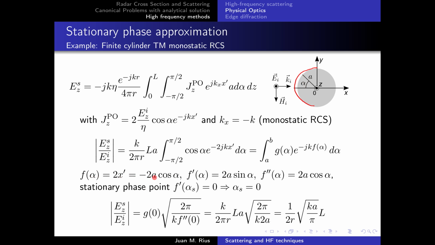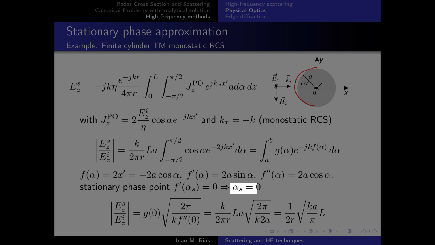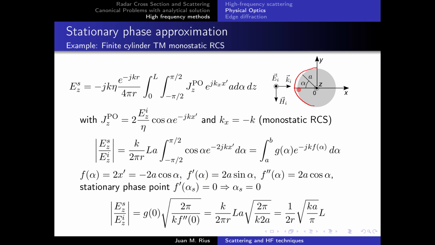So f is minus 2a cosine of alpha. f prime is 2a sine of alpha, so clearly the stationary phase point is at alpha equal to 0, because at alpha equal to 0 the derivative of f is 0.